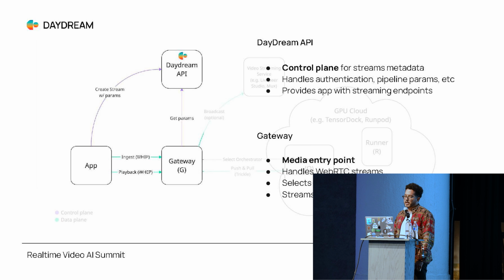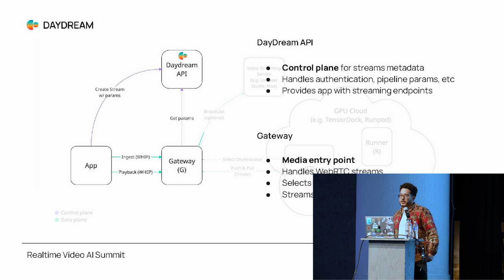It connects to the app with WebRTC, which is a reliable protocol to communicate over the internet from potentially not so fast connections, like on the user side, maybe a mobile phone or a crowded Wi-Fi network. The gateway then handles this stream and terminates the WebRTC there.